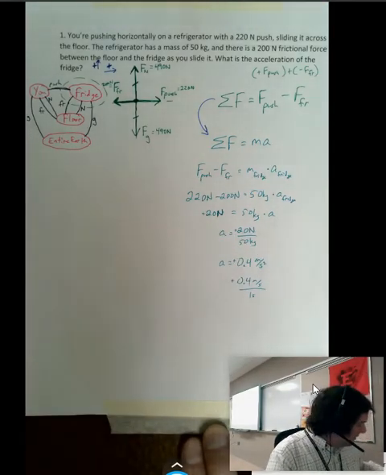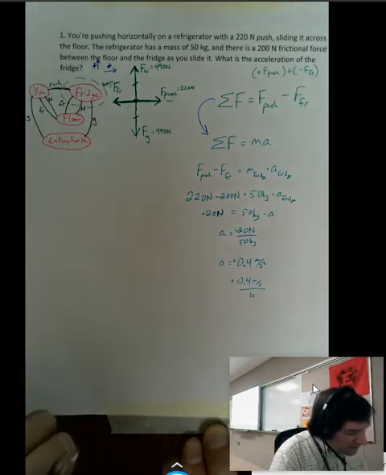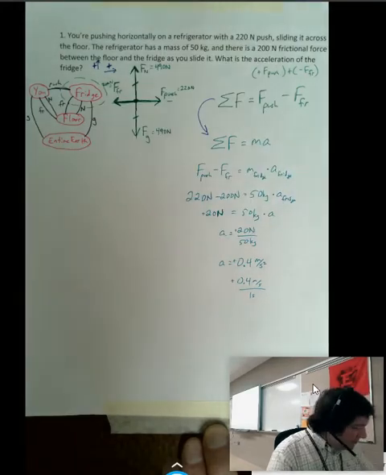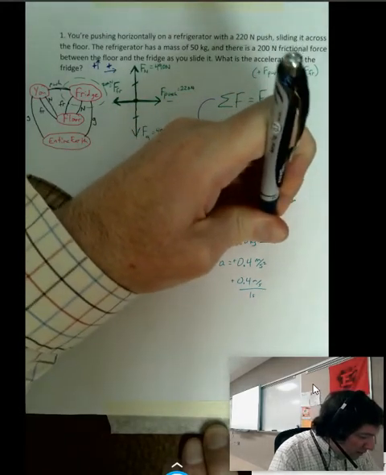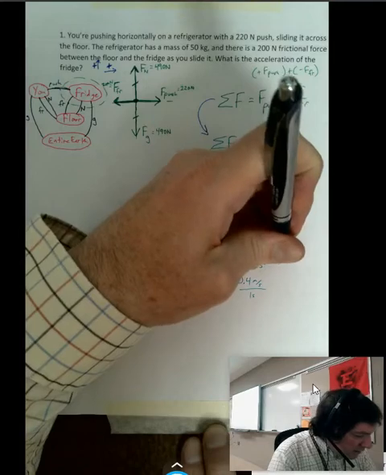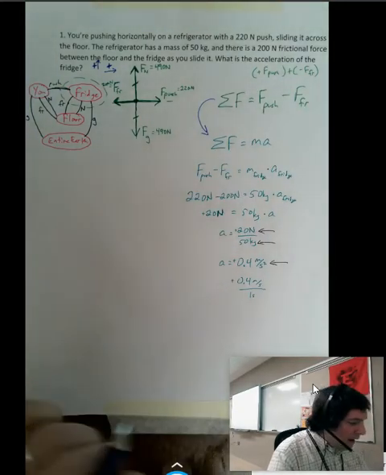And I know that the acceleration is in meters per second each second, because when I'm using newtons and kilograms as my units of force and mass, then the unit that goes along with those is meters per second per second.